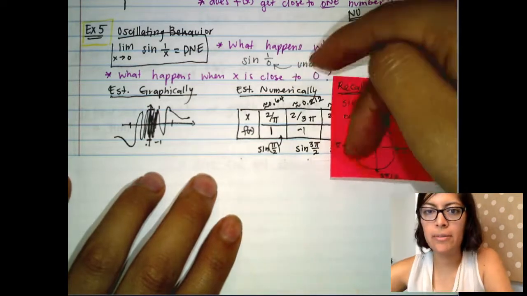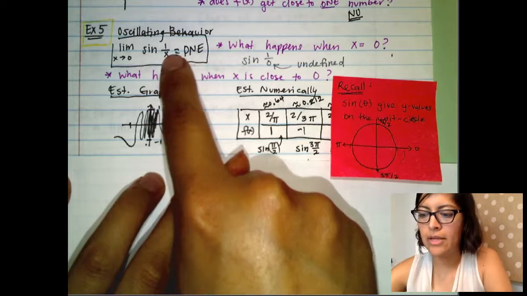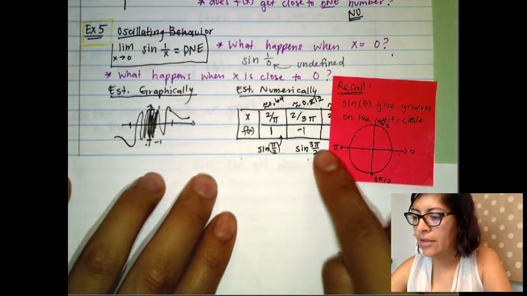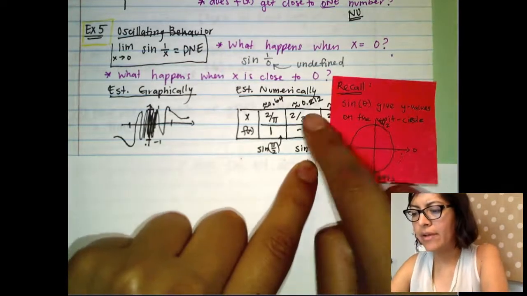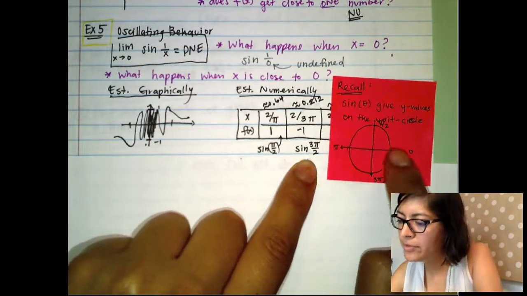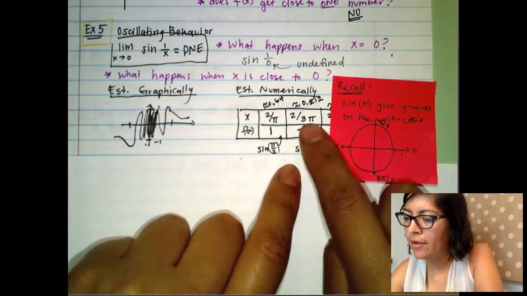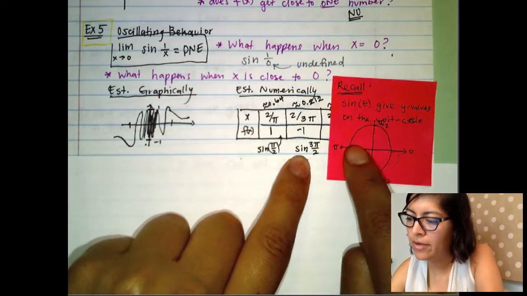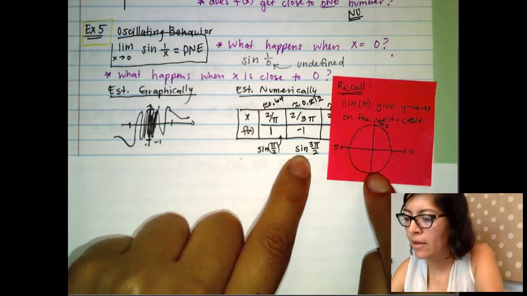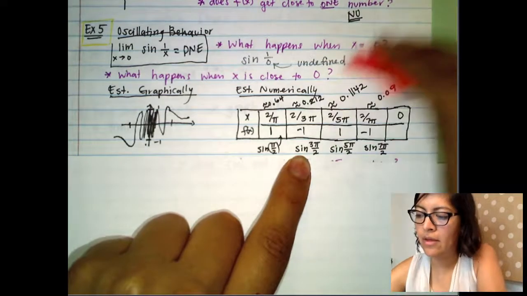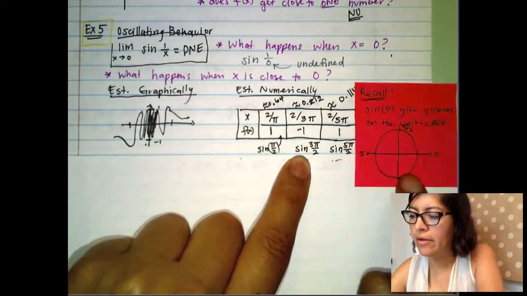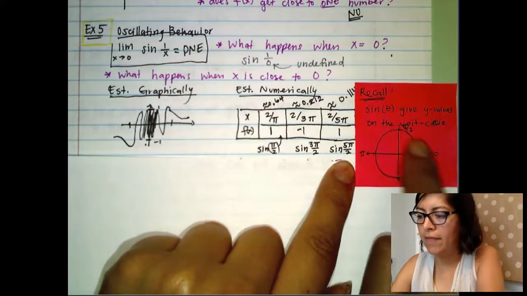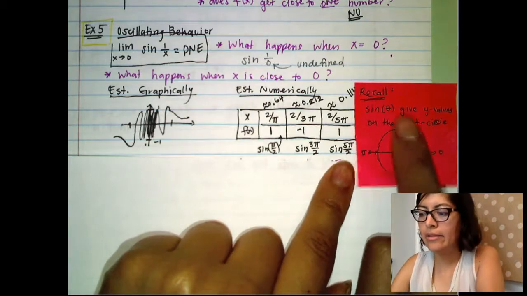Next, sine of 3 pi over 2. Again, we take the reciprocal of this x value. 3 pi over 2, there's 1 half, 2 halves, 3 halves pi. So this is negative 1. And we can keep on going. We can go 5 pi by 2, that's at 1 again.